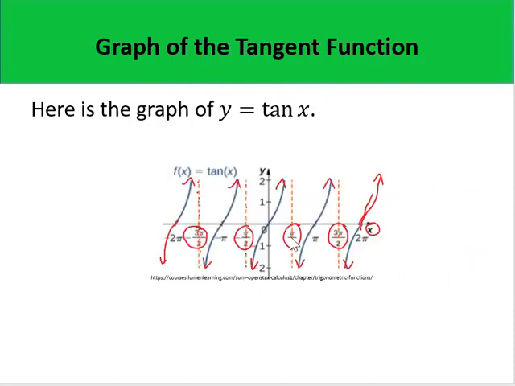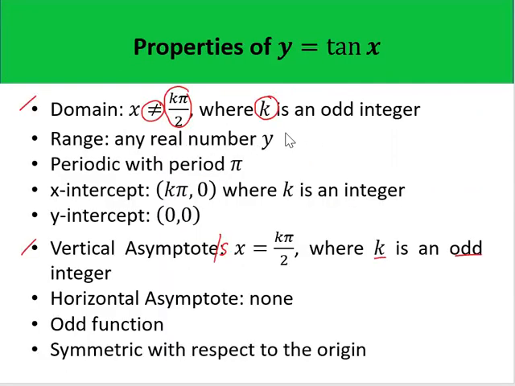And if we look at the graph of the tangent function, since the graph extends indefinitely upward and downward, it covers all the values on the y-axis. Which means that the range of the tangent function is the set of all real numbers, or the interval from negative infinity to positive infinity.